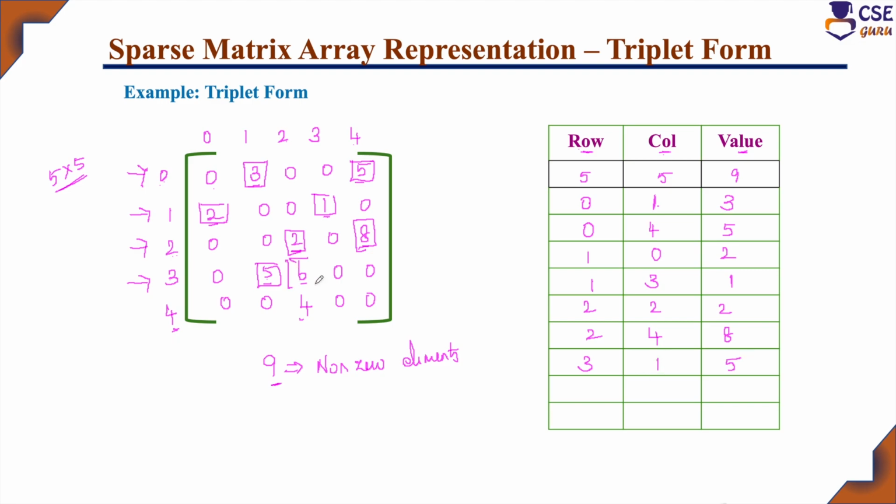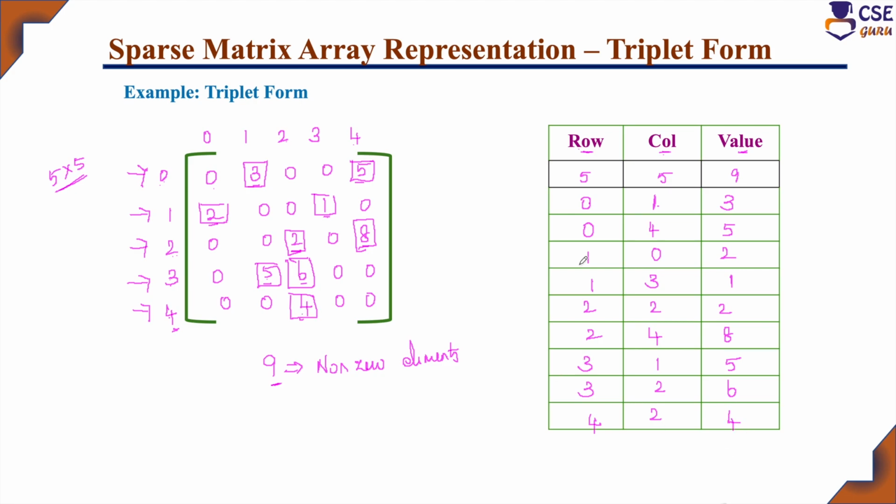Similarly, the next non-zero element has row index 3, column index 2, and non-zero value 6. The third row is also over. Next, in the fourth row, one non-zero element: row index is 4, column index is 2, and non-zero value is 4.